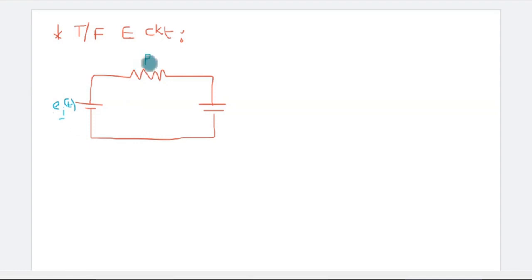Similarly, this is the resistance and this is the capacitance. The current flowing through these two elements I consider as I of t, and the output is considered across the capacitor as E naught of t.